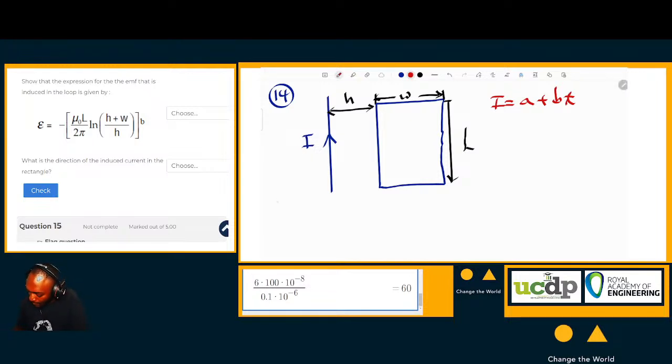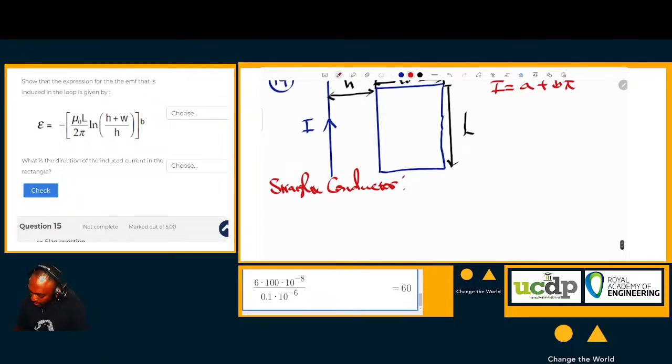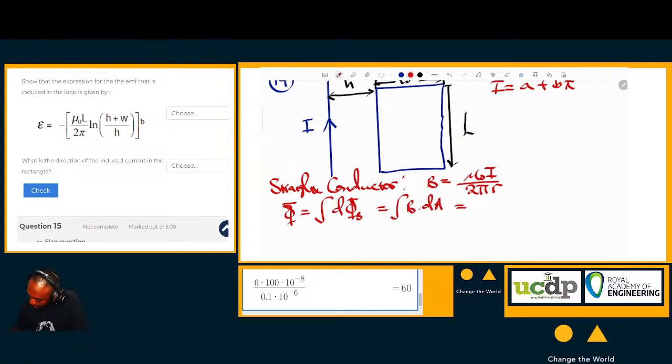So let's remember, for a straight conductor, the magnetic field B is equal to mu naught I over 2 pi r. By now you should know this; we did this in the previous week. To find the flux, it will be the integral of d phi, a summation, which is the integral of B dA.